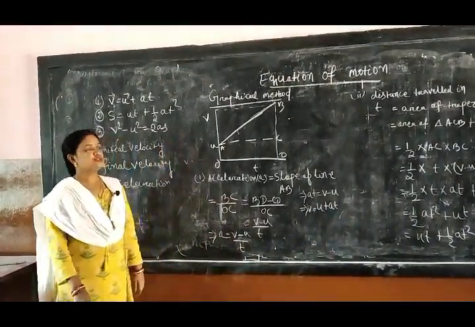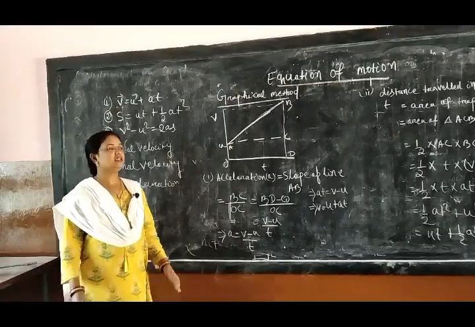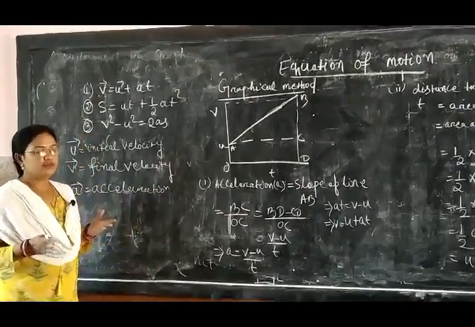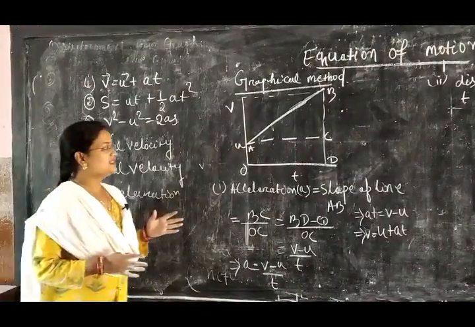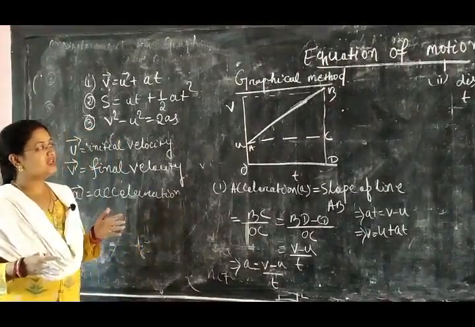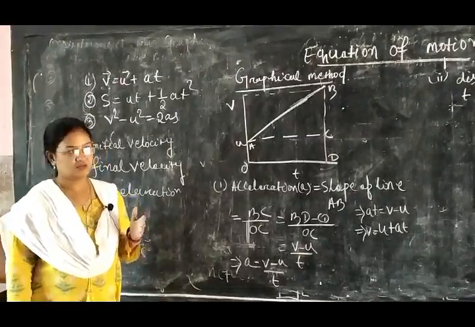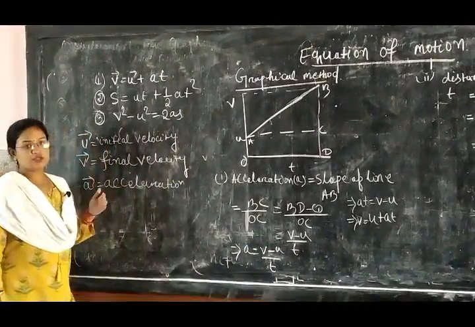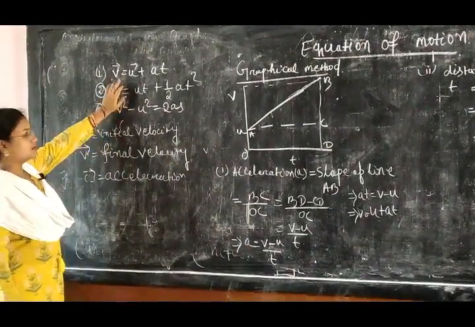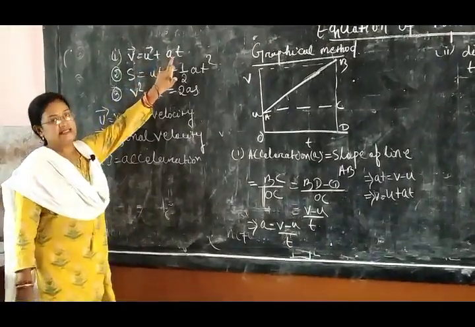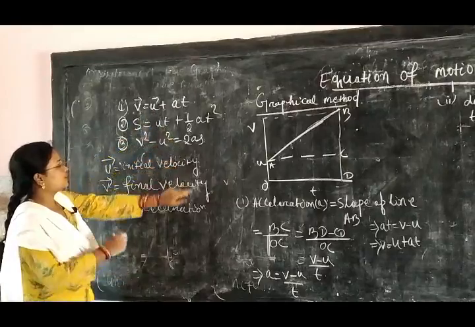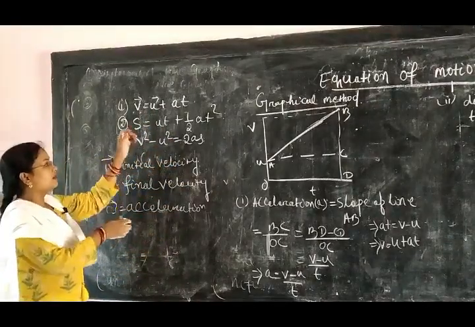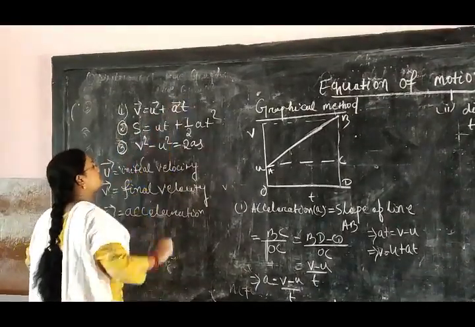These equations of motion give the relations among u, v, that is initial velocity, final velocity, distance, and time, and these equations of motion are valid only for uniform acceleration. There are three equations of motion. First one is v equals u plus at. v is your final velocity, u is your initial velocity, a is your acceleration, and t is your time.